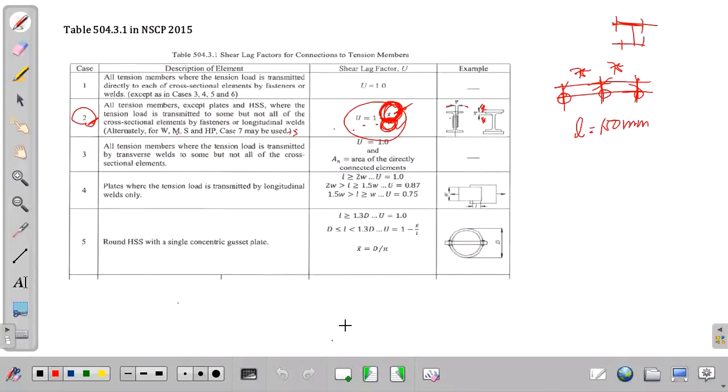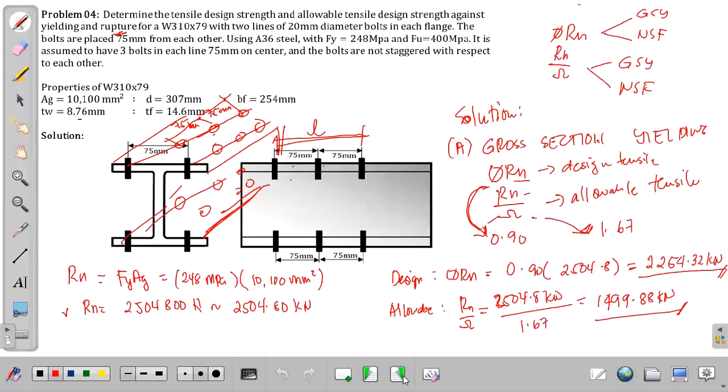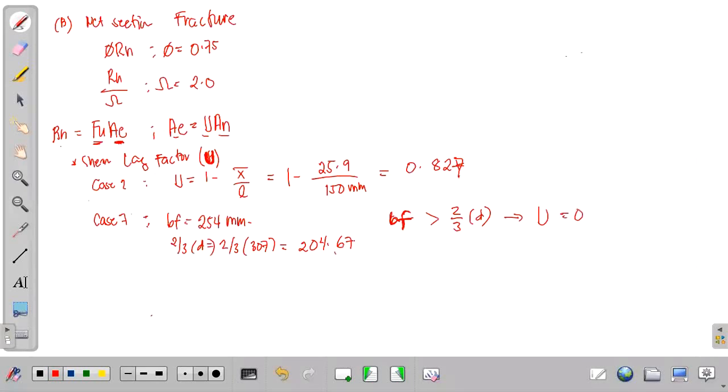So ano na yung magiging shear lag factor natin dito? So BF is greater than 2/3 of D, so our shear lag factor is equal to 0.9. Pagka less than yan, ang shear lag factor daw natin is 0.85. Comparing these two values of our shear lag factor, ano yung gagamitin nating shear lag factor in solving for our effective net area?